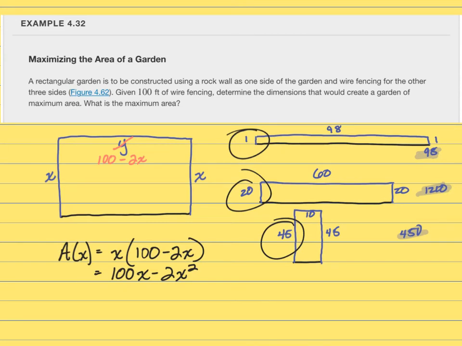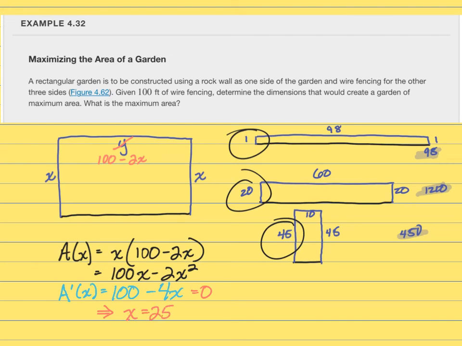But the question is, we want to find the dimensions that give us the maximum area. So that is saying find the maximum of this function. You're going to need the derivative, which is 100 minus 4x. Of course, we set that equal to 0 to find the critical points. And that gives us, with just a little work, x equals 25.